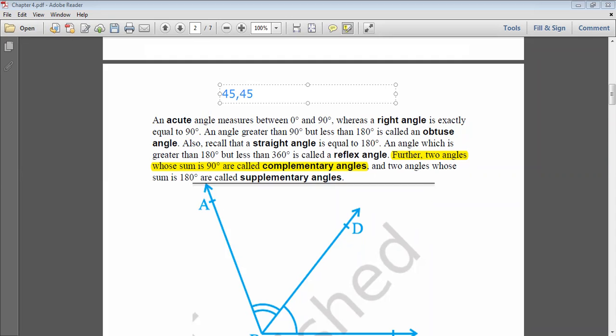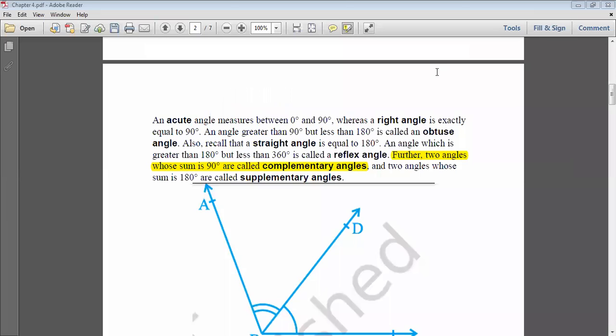Yes, that's correct, because the sum is 90 degrees. Tanishka? 50 degrees plus 40 degrees. That too is an example of a complementary angle. Okay, that's good.